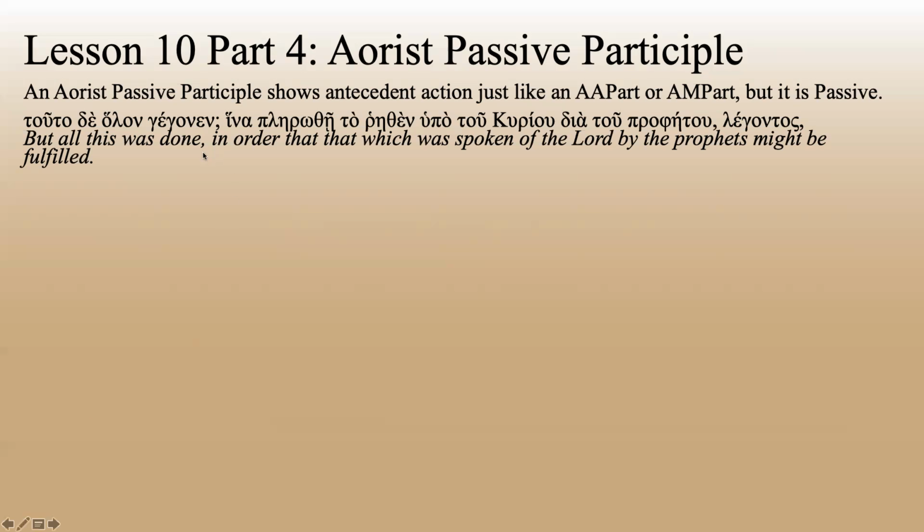But all this was done in order that which was spoken of the Lord by the prophets might be fulfilled. So here we've got, oh, this one's a special one because it's spoken. That which was spoken of the Lord through the prophets. So that which was spoken, it's used substantively here. The idea that it's previous to all of this being done.